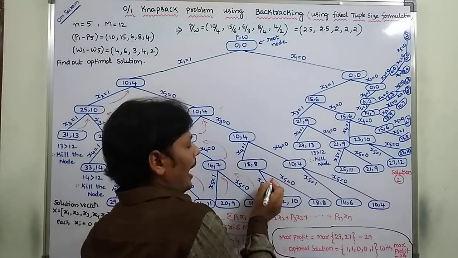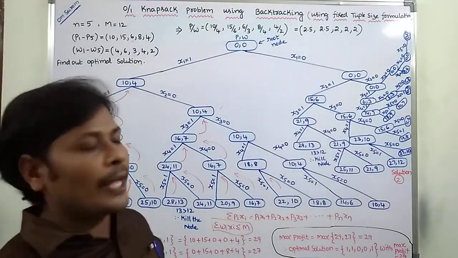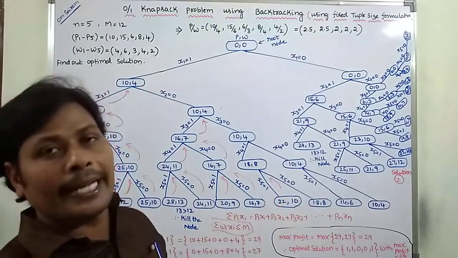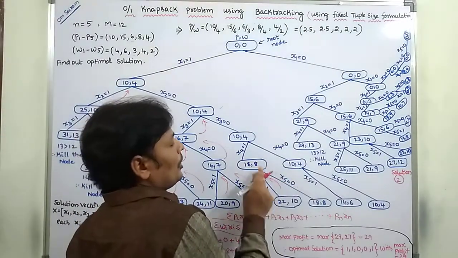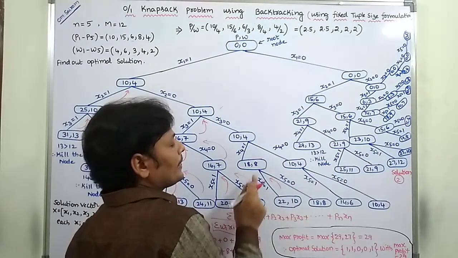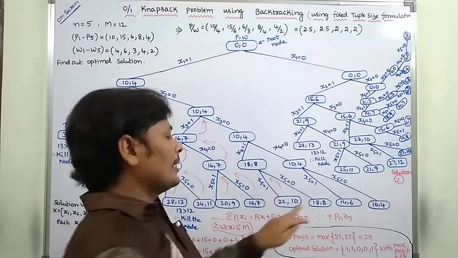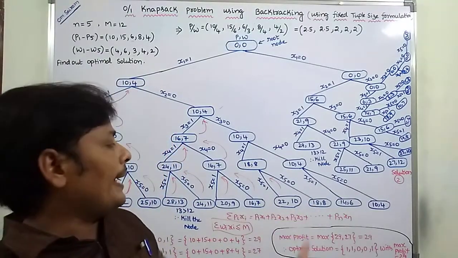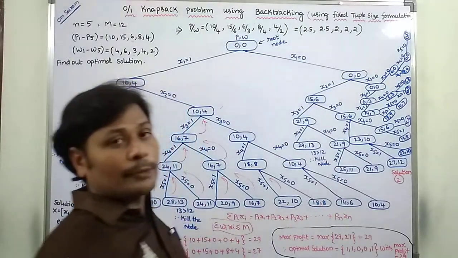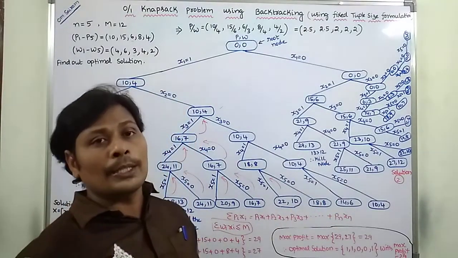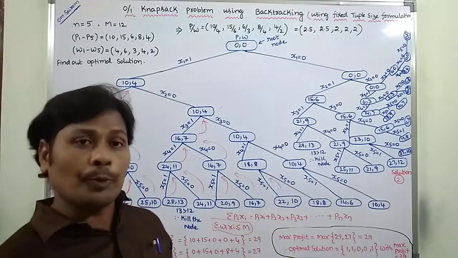Now we have to backtrack. Okay. So left hand side x suffix 5 is equal to 1. We can go for right hand side. X suffix 5 is equal to 0. So we are not considering the fifth object, so whatever the p comma w values are there, the same values we have to write: 18 comma 8. Sum of the weights of the objects that were considered less than or equal to the capacity of the knapsack. 8 less than or equal to 12.